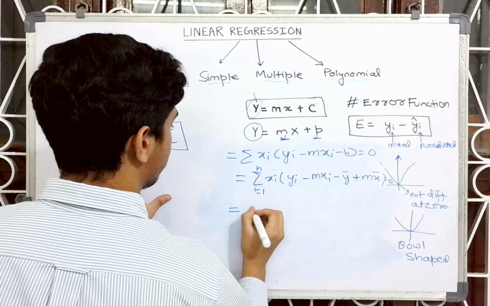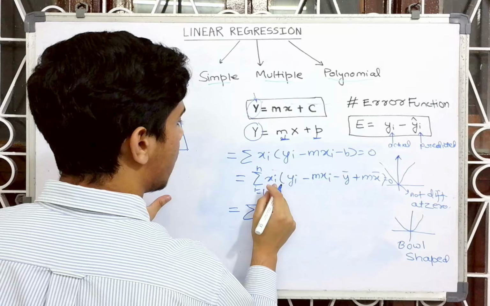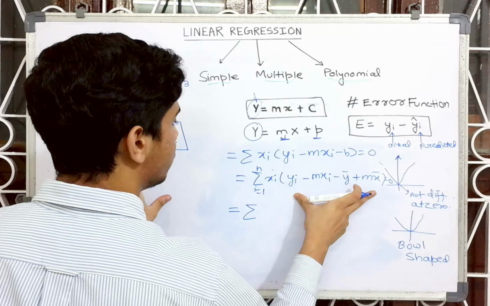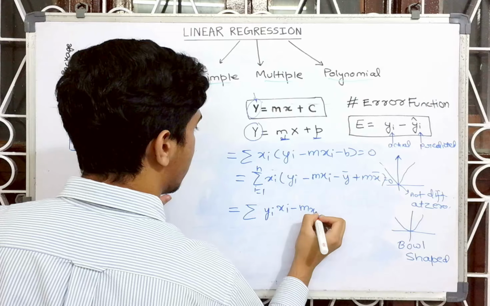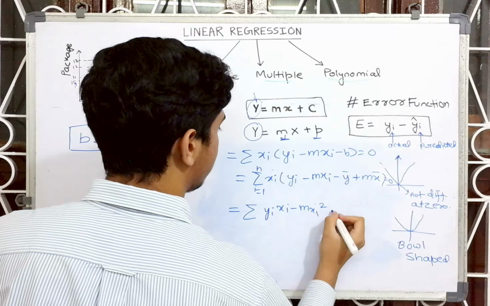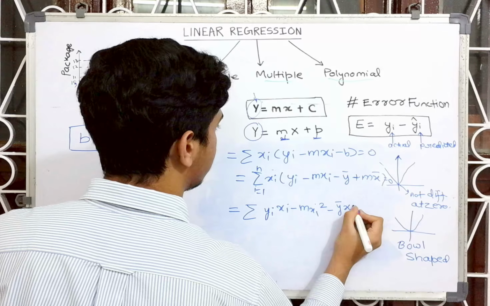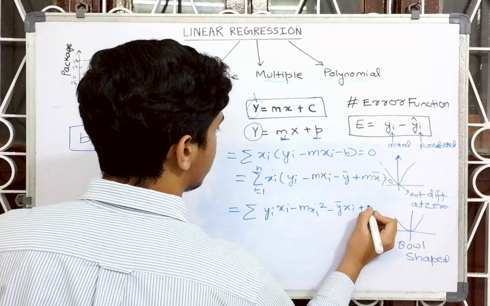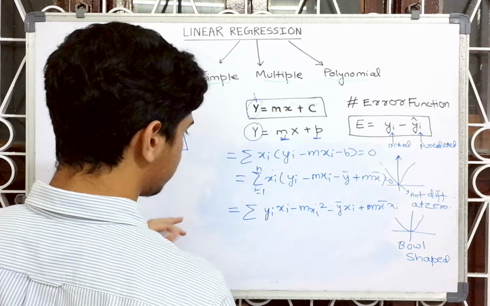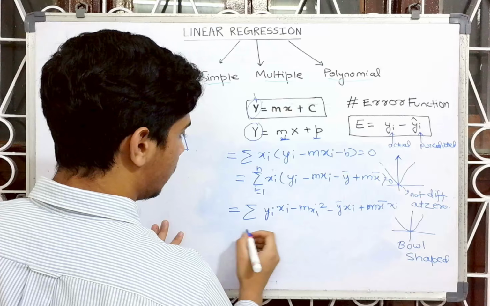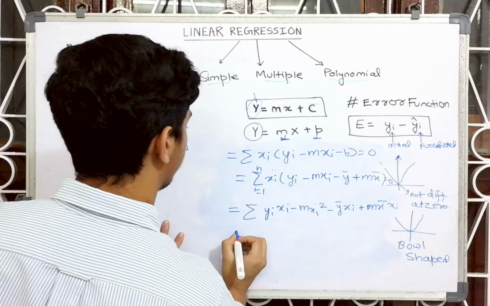Finally, we will multiply this xi to whatever this term is: yi xi minus m xi square minus y mean xi plus m x mean xi, and then we will take these m terms together.